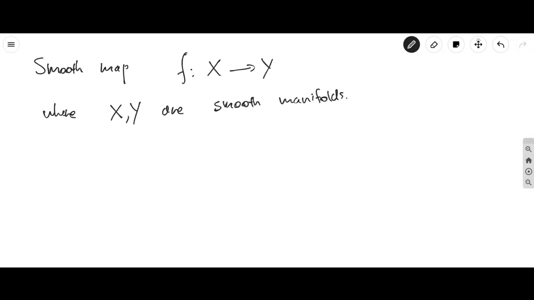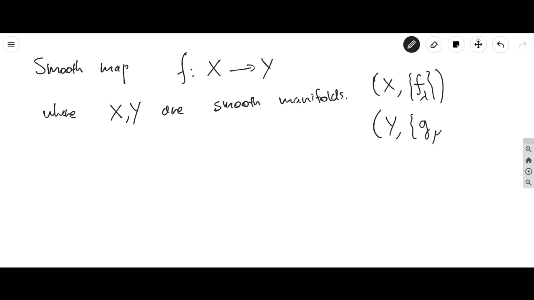Now, we are being very, very sloppy, as we normally are in mathematics. When we write x and we think of x as a smooth manifold, we really mean x with some atlas. So let's call this atlas F lambda. And y has its own atlas.